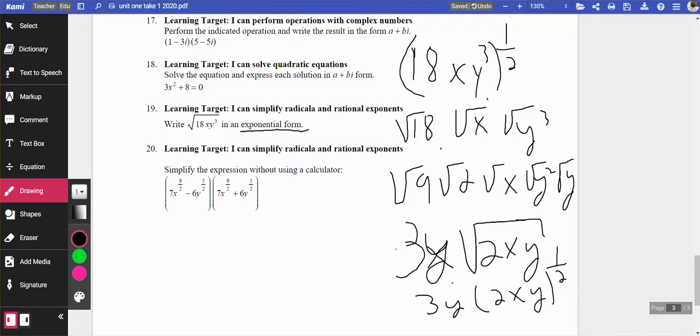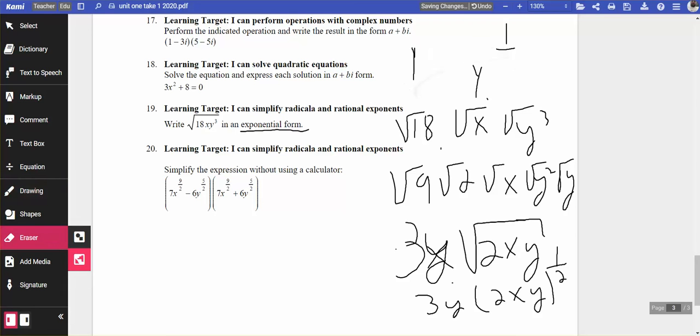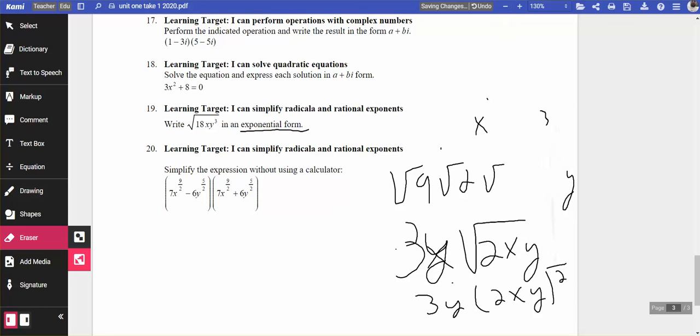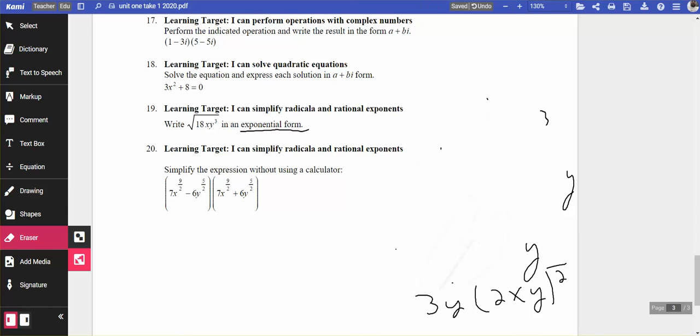And then this last one, it says simplify the expression without using a calculator. This was sneaky. This was kind of like a super duper advanced factoring or super duper advanced multiplying problem. But do you remember when we did exponents, we said that the rules apply? So the rules still apply.